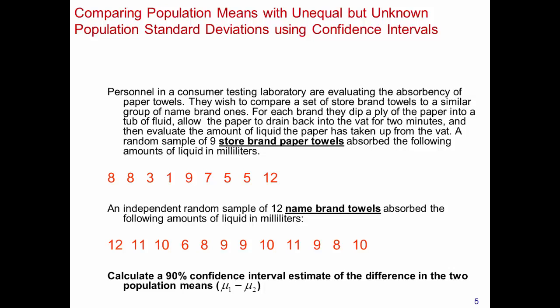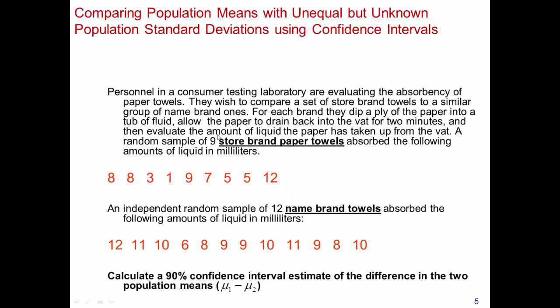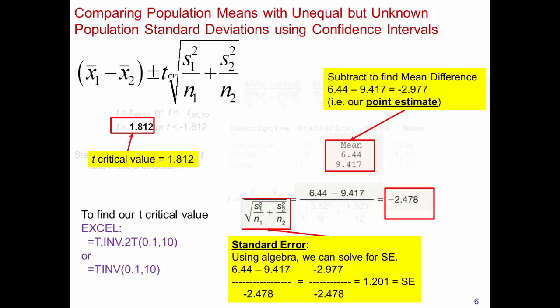So if you remember, mu sub 1 was equal to our store brand paper towels, and mu sub 2 is equal to our name brand paper towels, and we'll continue with that naming convention. So using the formula from the previous slide, our confidence interval formula for the independent samples t-test, and the information that we have on our scenario, we can move on and calculate the confidence interval.